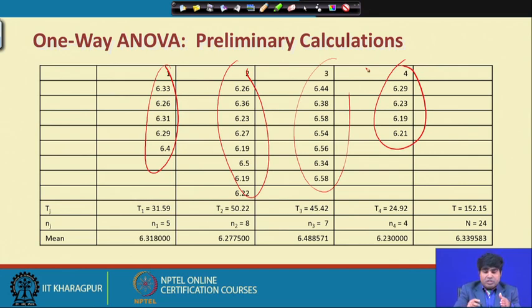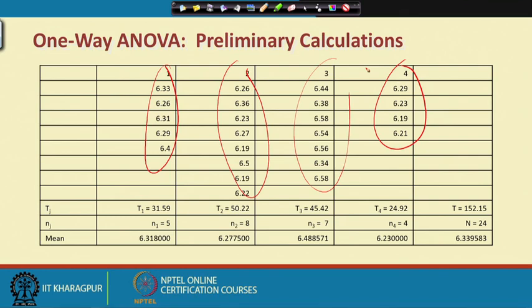Not necessarily do they have uniform observations; they may have different numbers of observations. The idea behind this null hypothesis is that the samples are drawn from population 1, population 2, population 3, population 4, and then the alternative is that mu1, mu2, mu3, mu4 are not all equal, and at least one pair should not be equal. That is how the testing is all about.